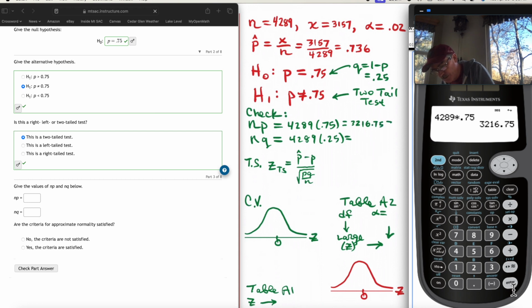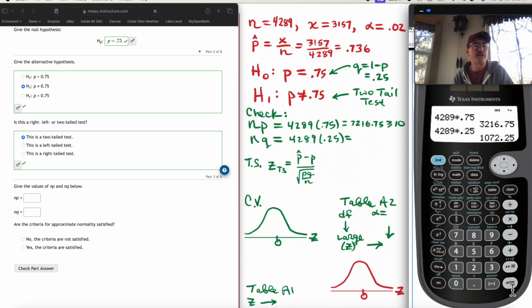And all it needs to be is greater than or equal to 10. Obviously, we're good there. And then the same computation times 0.25. That comes out to be 1072.25. And of course that is also greater than or equal to 10. Both of those need to be greater than or equal to 10, so we'd say check, we're good to go.